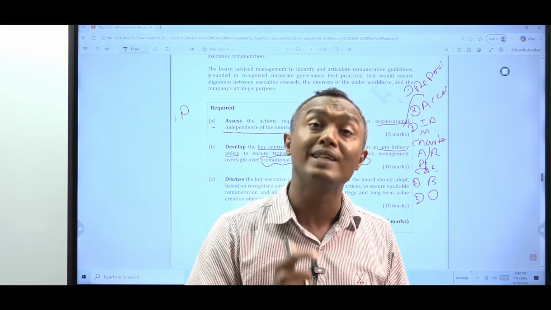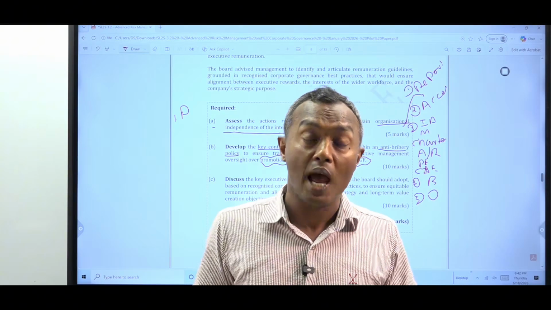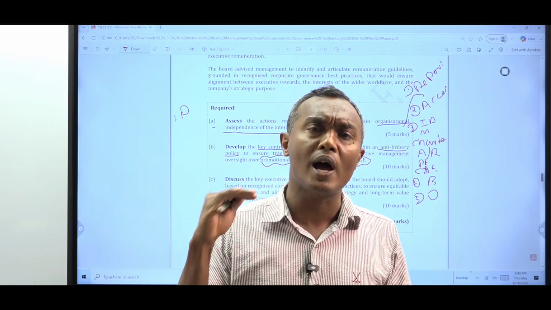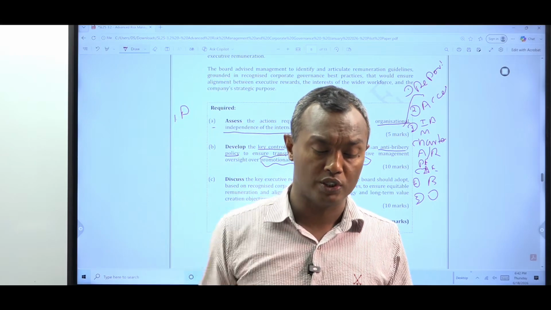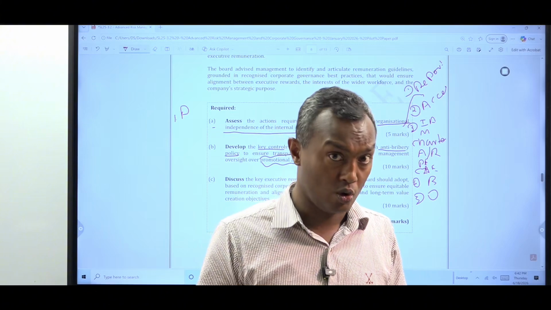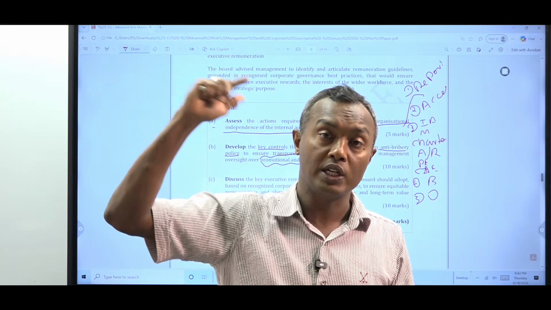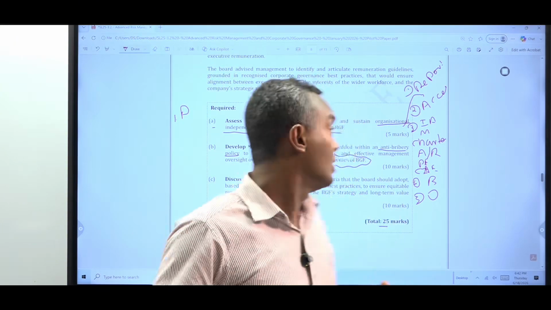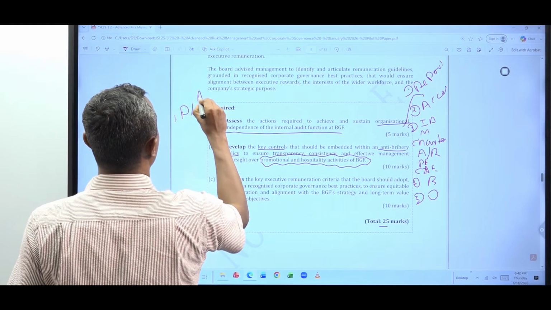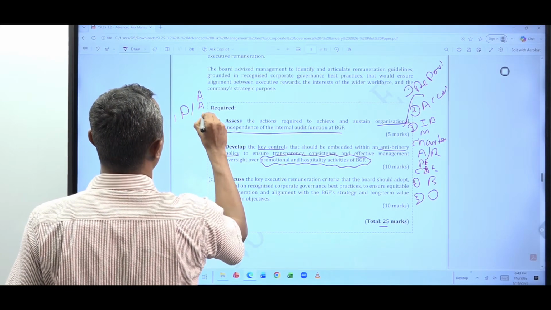Because through the policy you need to establish authority: who is authorized to give promotion, and who is answerable if something goes wrong, who is the head. Authority, accountability, and oversight.